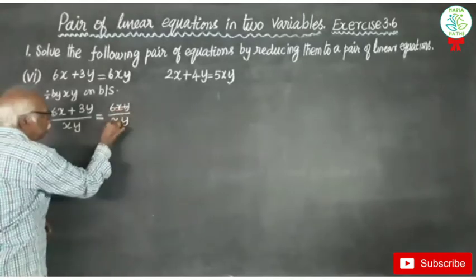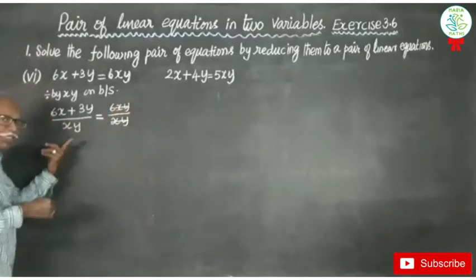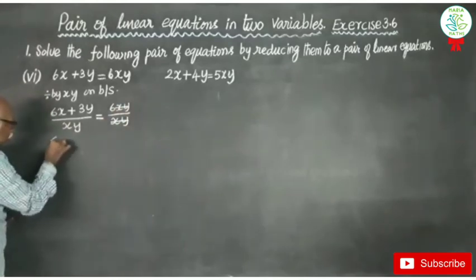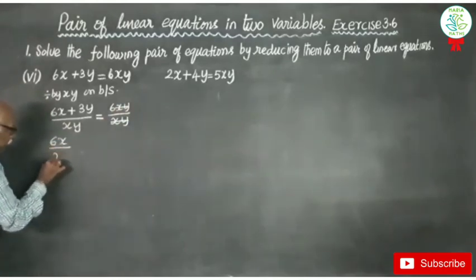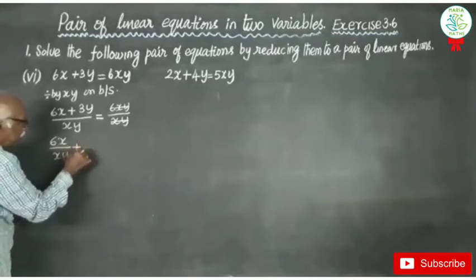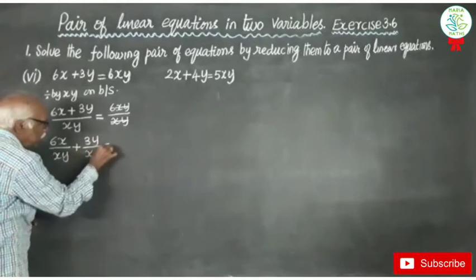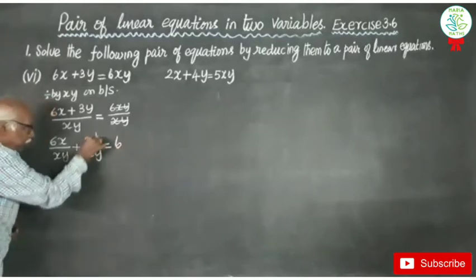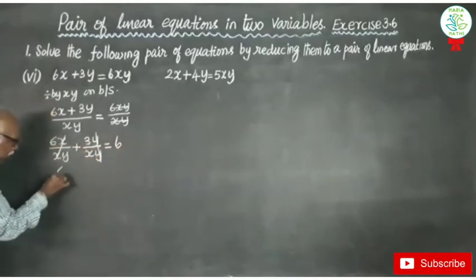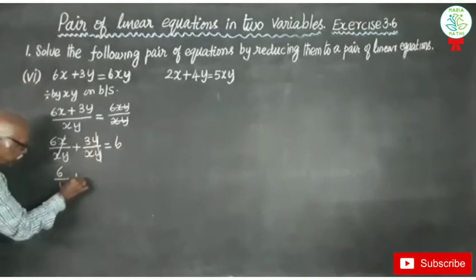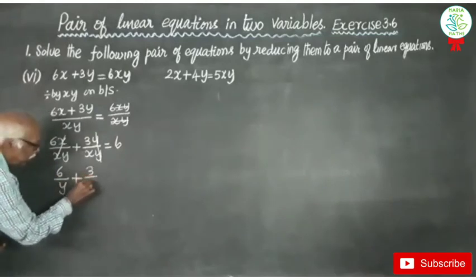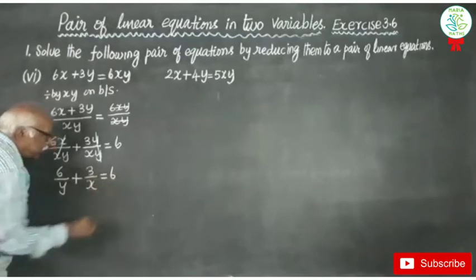So xy cancels. We can split into two fractions: 6x by xy plus 3y by xy equal to 6. Y cancels, x cancels, 6 by y plus 3 by x is equal to 6.